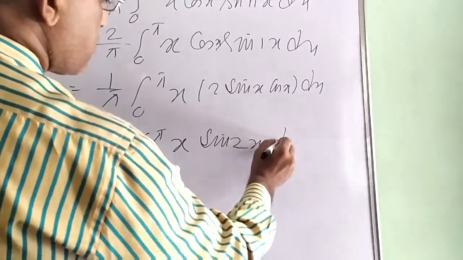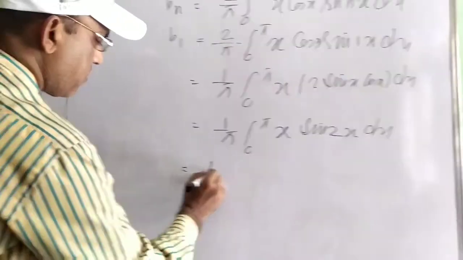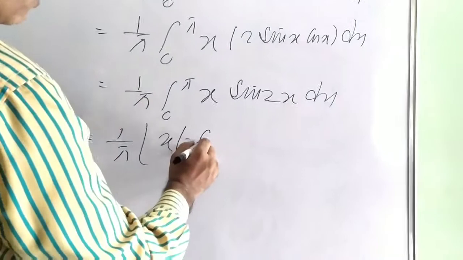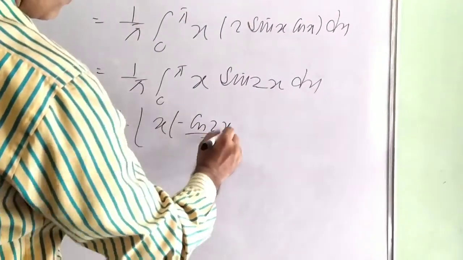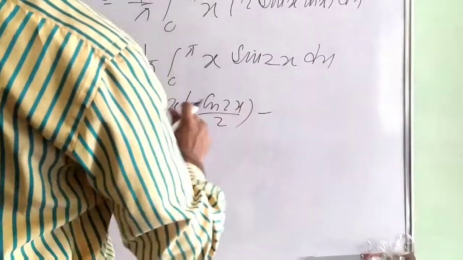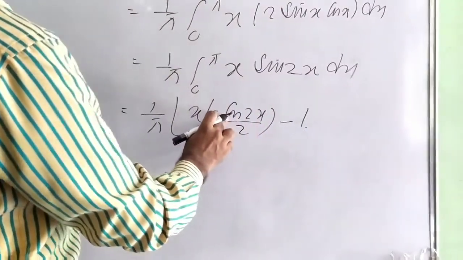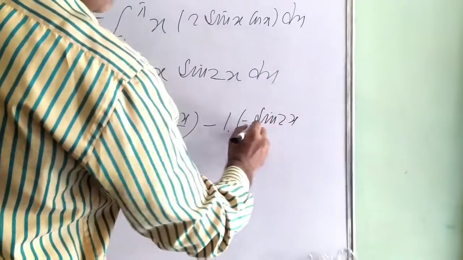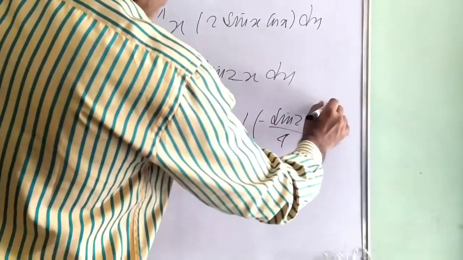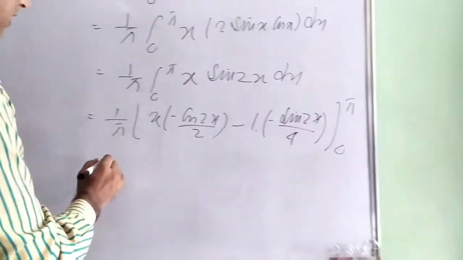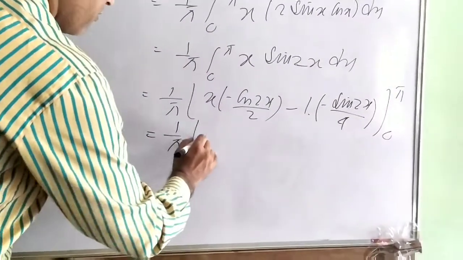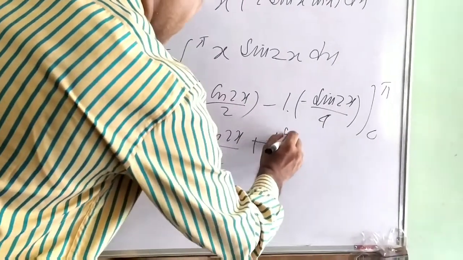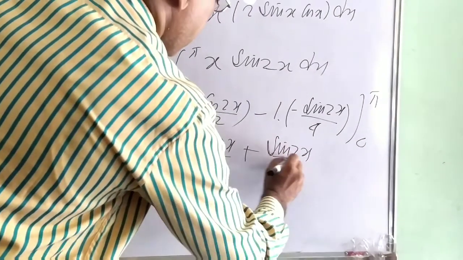So this will be 1 by pi, 0 to pi, x, 2 sin a cos a means sin twice a. We get this one. Again using the by parts formula, 1 by pi, x, integration of sin means minus cos twice x by 2. So this is d/dx of x is 1. Again integration of cos means sin twice x by 2, and another 2 is 4, from 0 to pi. We get 1 by pi, minus x cos twice x by 2 plus sin twice x by 4.